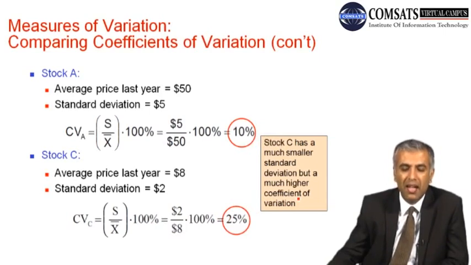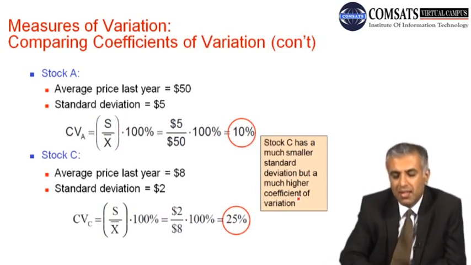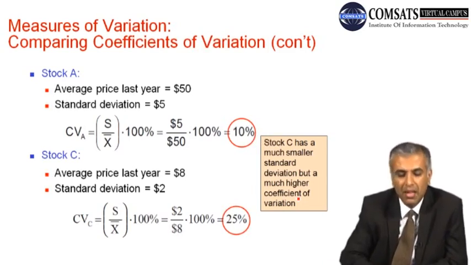Now here is another example with the same stock A, and on the other hand we have a stock C which has a different average price, which is $8, but the standard deviation is less again. So if we calculate it, the coefficient of variation is 25%.